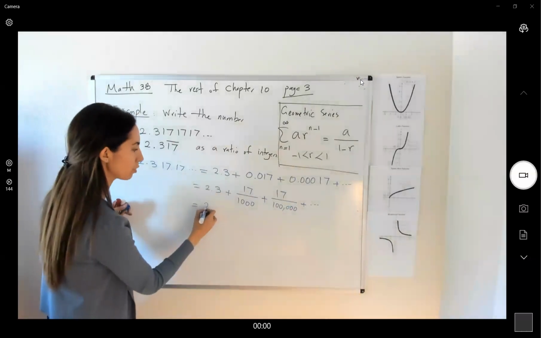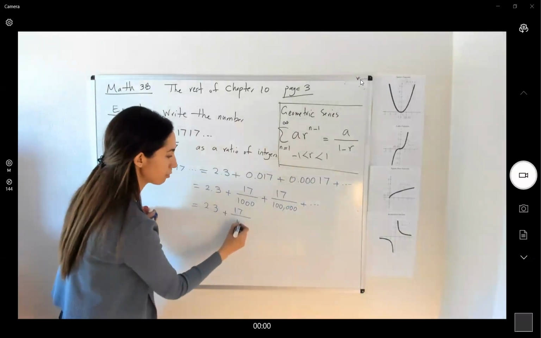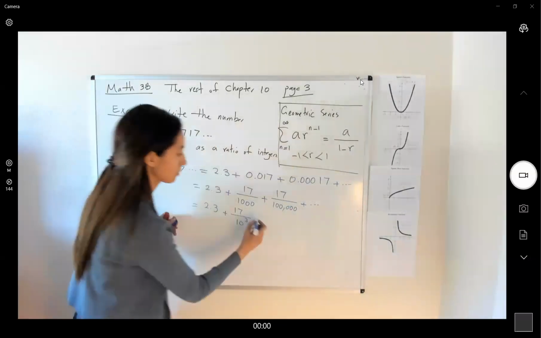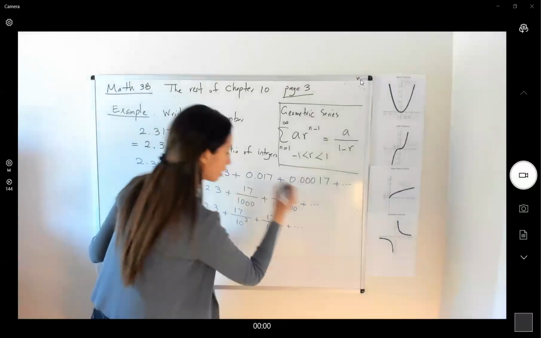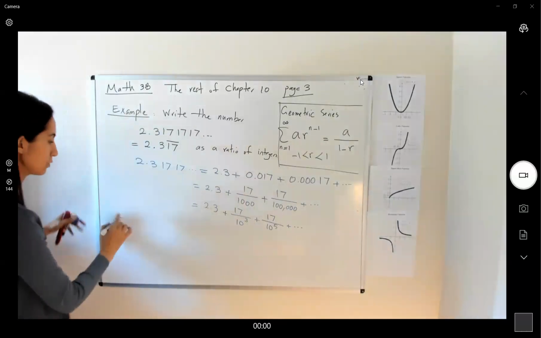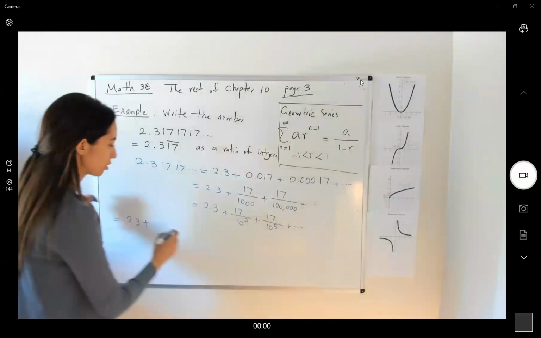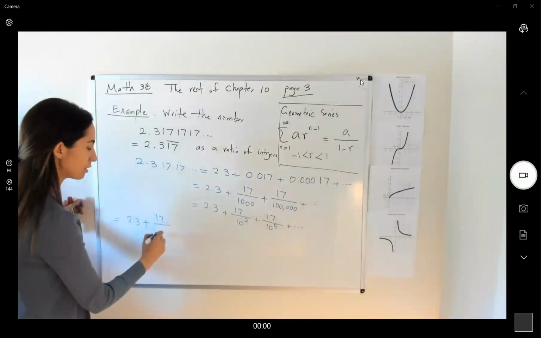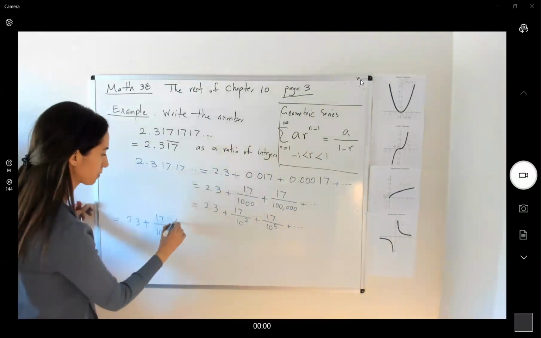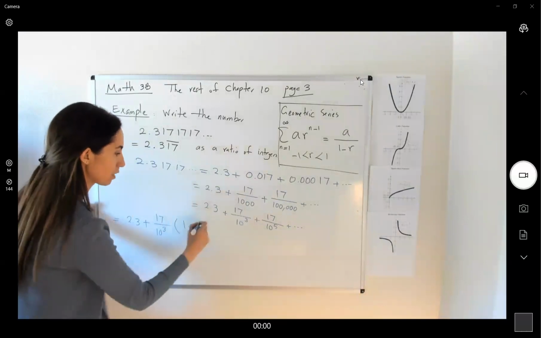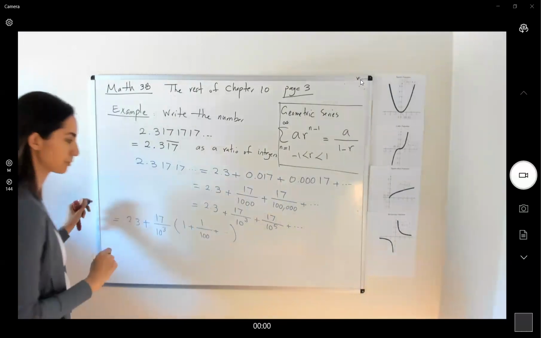So this is equal to 2.3 plus 17 divided by 10 to the third plus 17 divided by 10 to the fifth plus the rest of them. I can write this as 2.3 plus, I'm going to factor out 17 over 10 to the third. What's left? 1 is left, 1 over 100 is left, plus the rest of the terms.